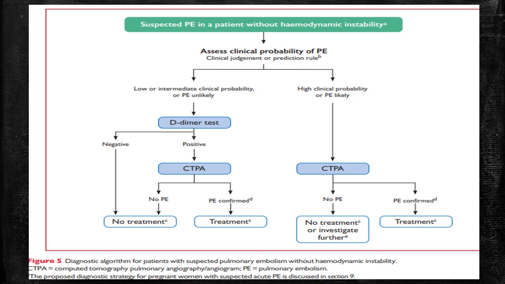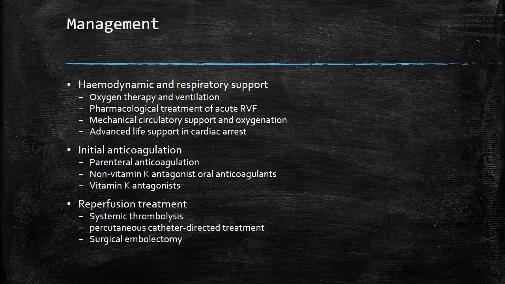On the contrary, if a patient is highly likely to have pulmonary embolism, you have to go directly for CTPA and follow accordingly. How will you manage a patient with pulmonary embolism? It depends on the patient's clinical status.